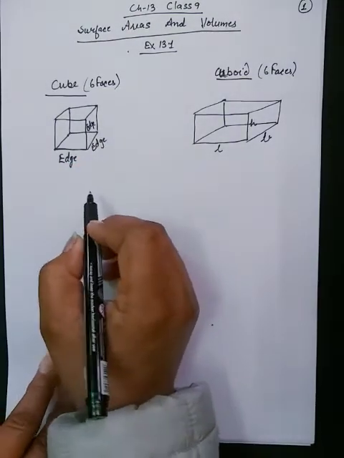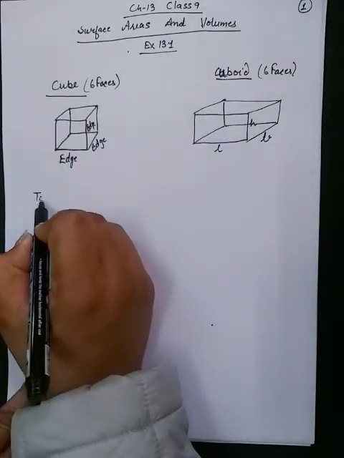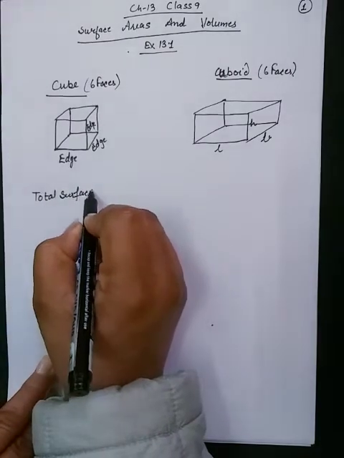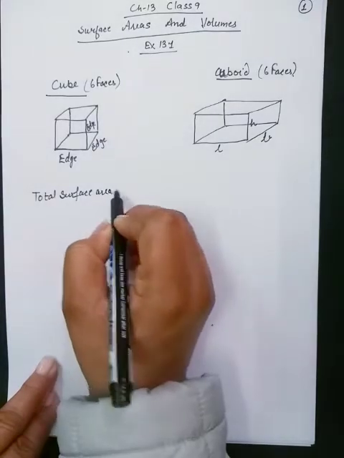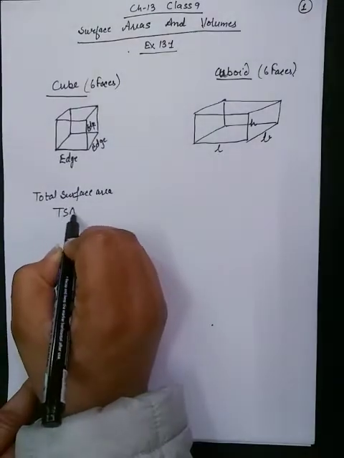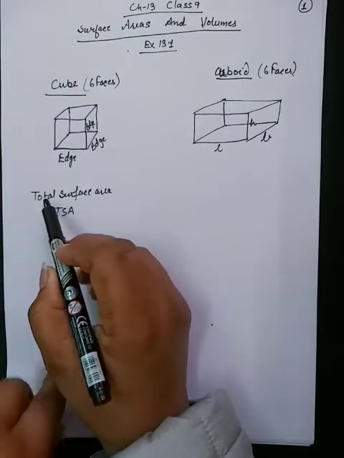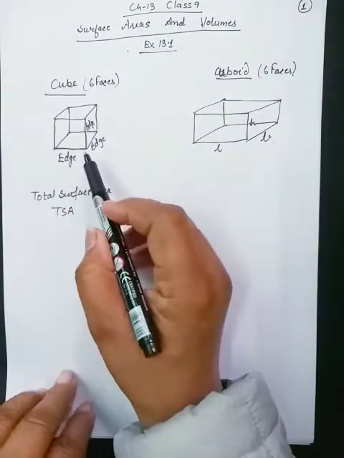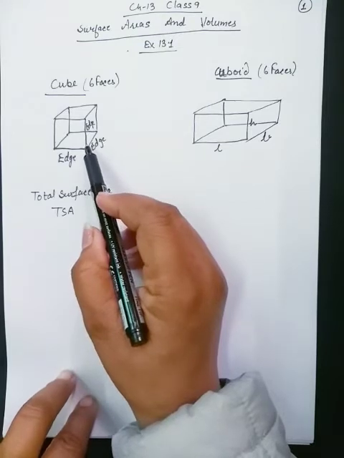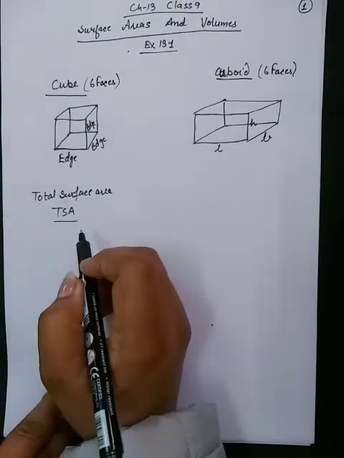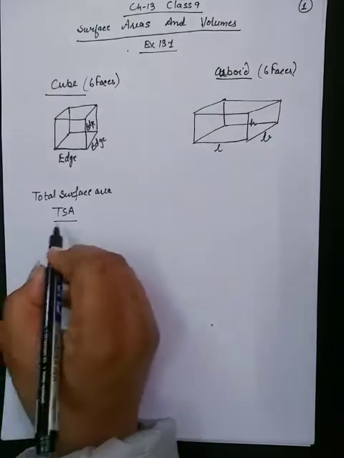Now when we have to find the total surface area, total surface area means TSA. Short form of total surface area is TSA. It means we have to find the area of all its faces. And a cube has 6 faces and all the faces are of the same size.